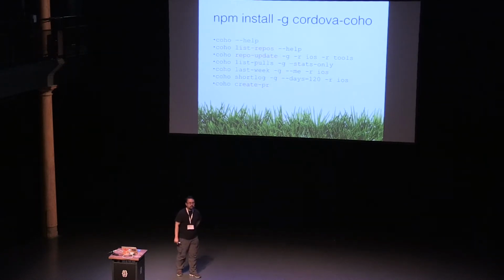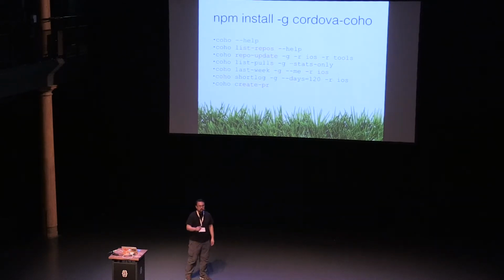As I said, we have 66 repos, but not all the repos will be relevant to you. So when you list repos, it will list all 66, obviously, but some repos are grouped by ID, say platforms, or tools, or plugins.